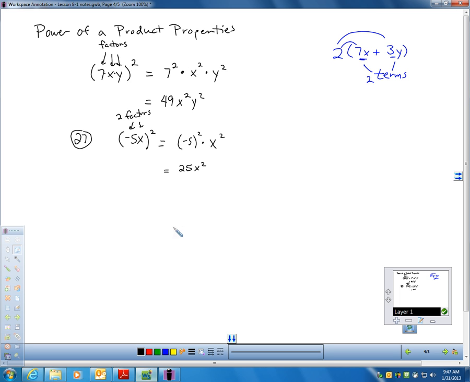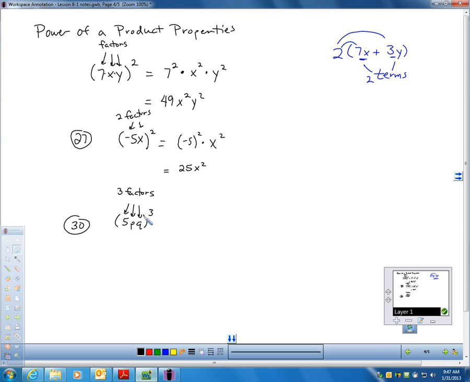Maybe I should just do one more. If you look at number 30, this is another power of a product property question. It's 5pq to the third power. Okay, do you see how I have three factors in this problem?